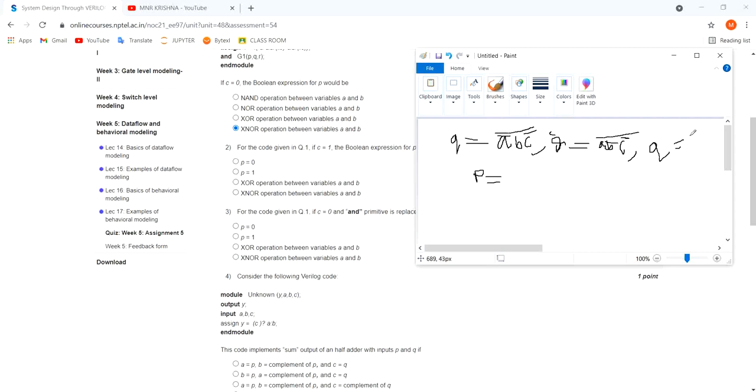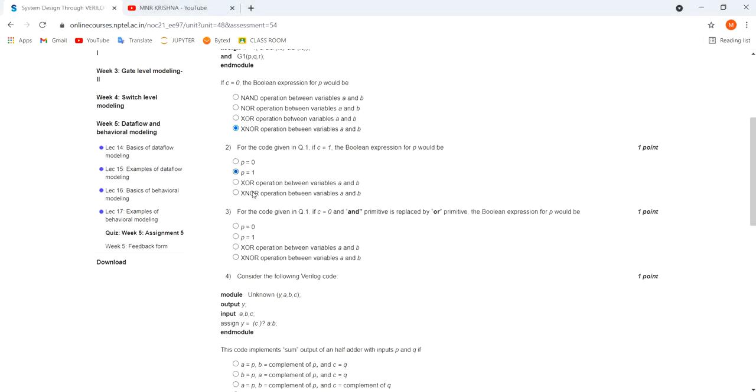So the output Q is equal to 1 in any case, whatever the inputs are, and R is equal to the same 1. So P is equal to Q and R, Q AND operation with R, so 1 and operation with 1 will be 1. So output P is equal to 1. So the correct answer is P equals to 1, second option.